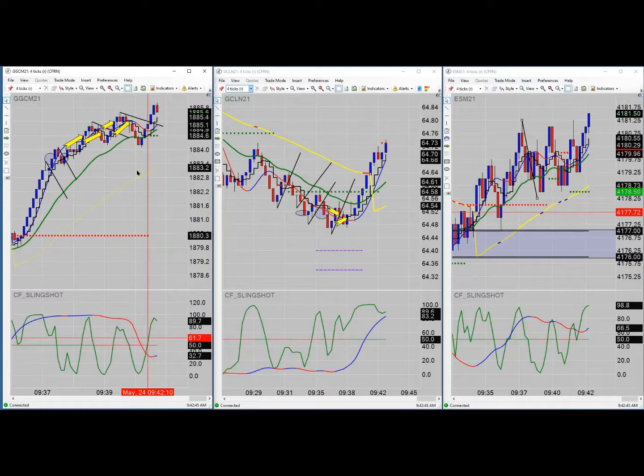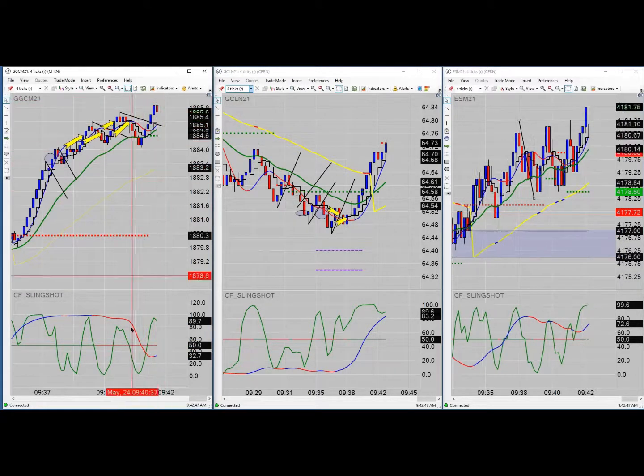Okay, so here comes the cycle reset right now on gold. So going down, it should be pulling the cycle back up.